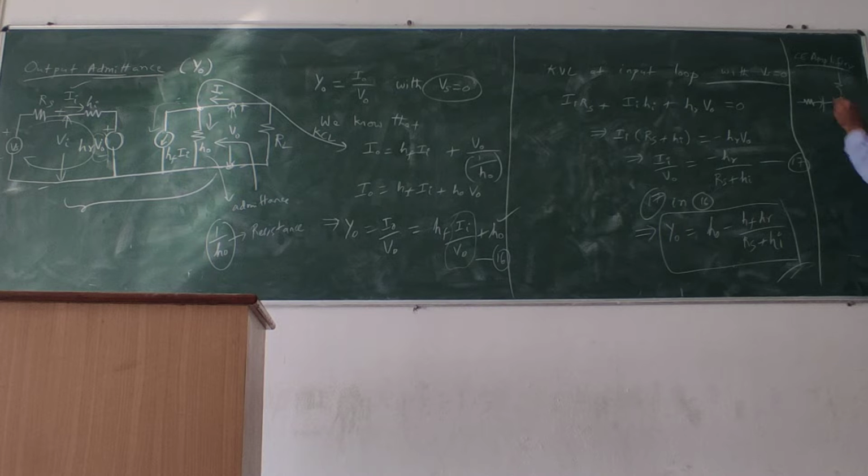Emitter common, CE, common emitter. So emitter is common, right? Then this will be the load. This is plus VCC. This is V0. But you will have one capacitor. Okay? Very simple circuit.